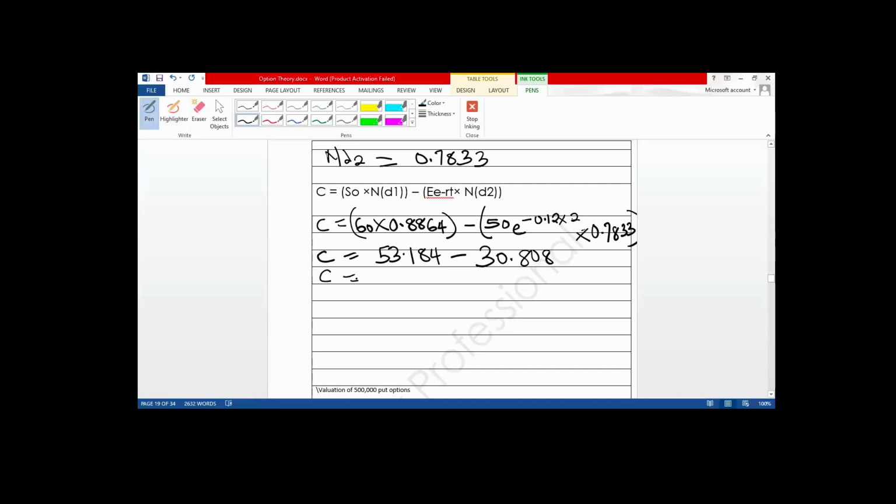C is equal to 53.148 minus 30.808. We have 22.376. You have gotten the value of a call option.